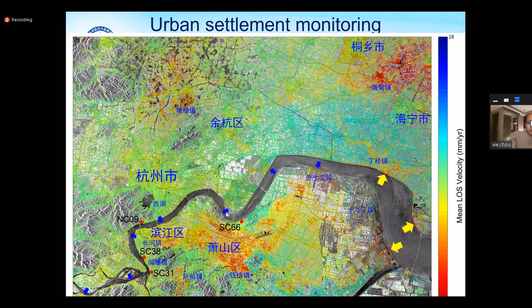We can find several subsidence areas in Shaoxing area, and this is because the factories in this area use a lot of underground water to develop the economy.